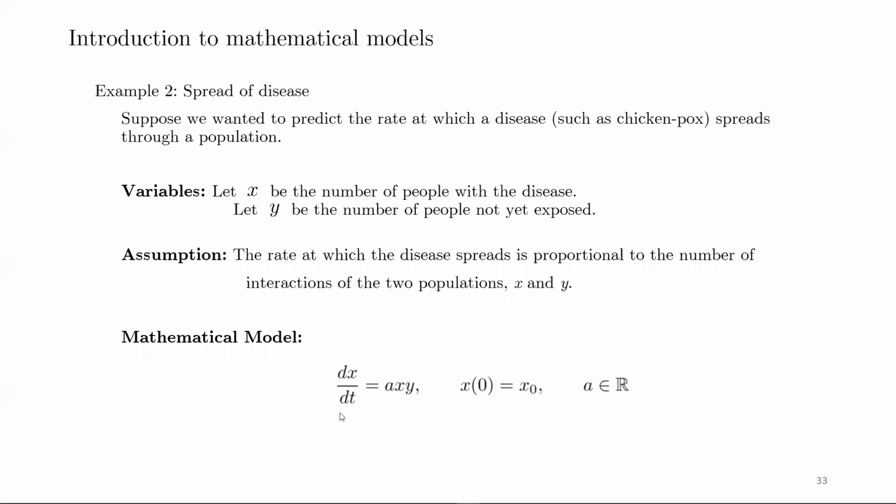Now there are some more complicated models of disease spread, such as the SIR model, and the SIR model and related more advanced models are really quite useful to predict how a pandemic or a disease is going to spread throughout a population.